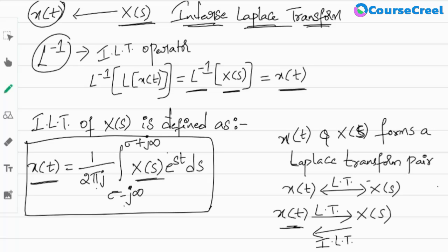So both x of t and x of s form a Laplace transform pair. This is all about the basic introduction to Laplace transform: how to obtain the Laplace transform of a signal and also the inverse Laplace transform of a frequency domain signal.